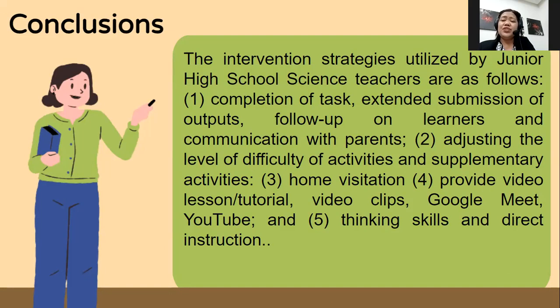The interventions utilized by the junior high school science teachers are the completion of tasks, extended submission of outputs, follow-up on learners, and communication with parents, adjusting the level of difficulty of activities, and supplementary activities. We've also conducted home visitation, provided video lessons or tutorials, video clips, Google Meet, YouTube, and the thinking skills and the direct instruction.